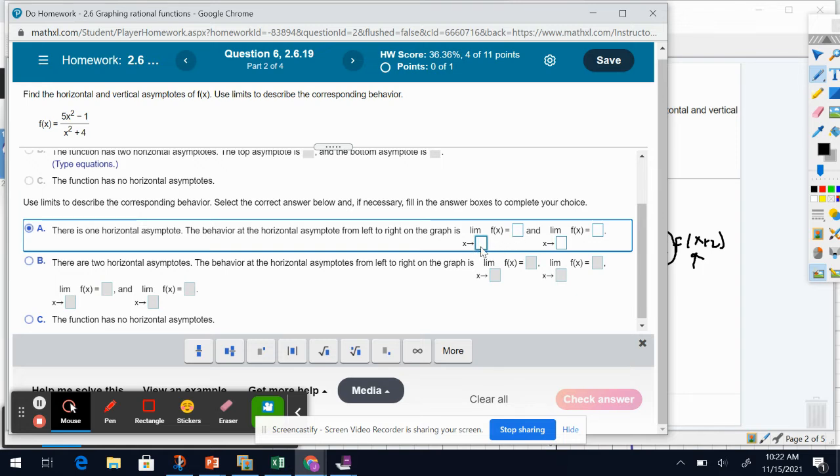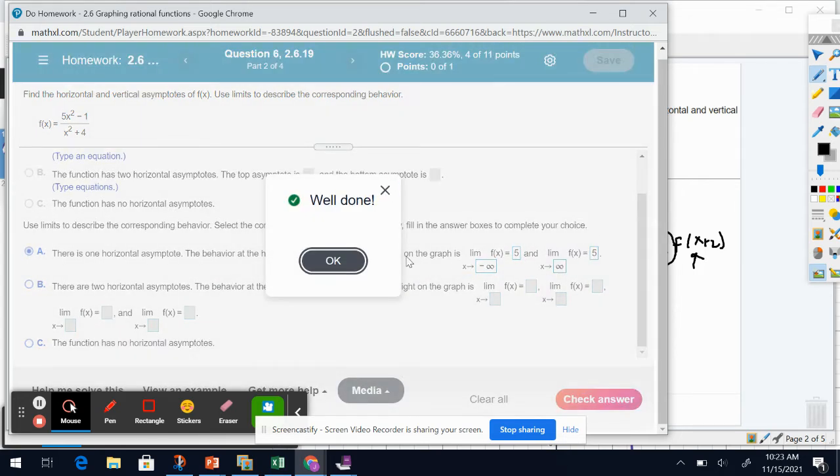So as x approaches negative infinity, what does y equal? That's my asymptote. As x approaches positive infinity, because it's going to the right, what does y equal? And that's my asymptote. So again, I put negative infinity and positive infinity because that tells me the graph's going left and right, and I put what the asymptote is.